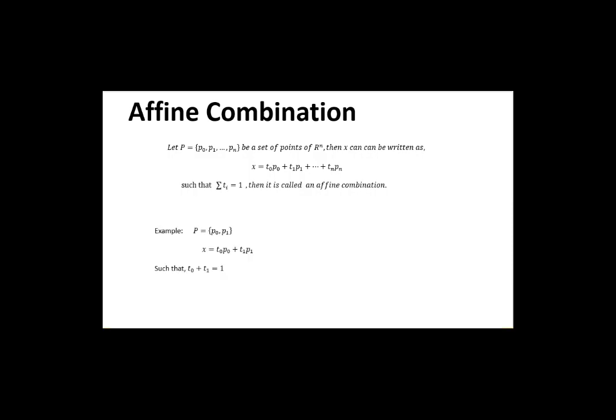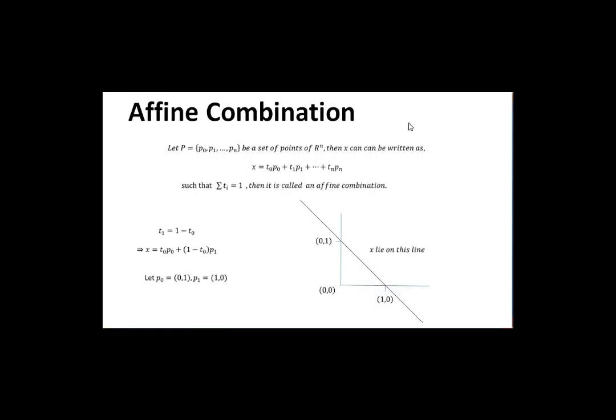So for example, consider points from R2 like P0 and P1, then if their summation is equal to 1, we have the equation T0 plus T1 equals 1, and this implies that I can write T1 as 1 minus T0, which provides an equation of a line. So X lies on this line. This combination shows us this geometrically.